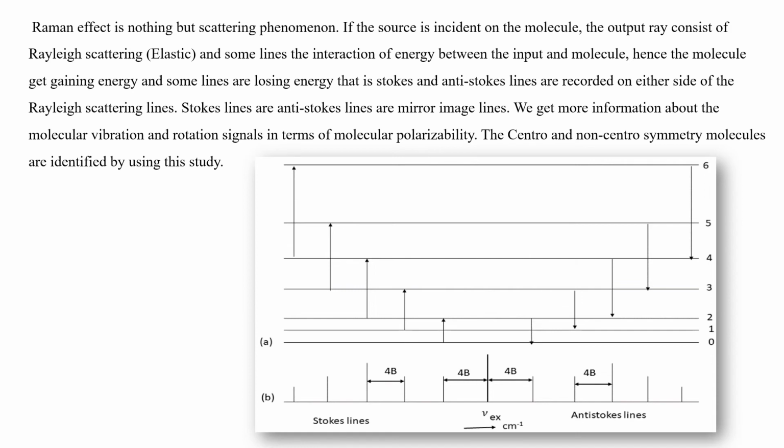So the Stokes and anti-Stokes lines are uniformly distributed on either side of the Rayleigh scattering, like a mirror image with respect to the Rayleigh scattering. During the scattering phenomenon, we get much more information about the molecular vibration than from dipole vibrations. So this is the typical Raman Stokes lines.